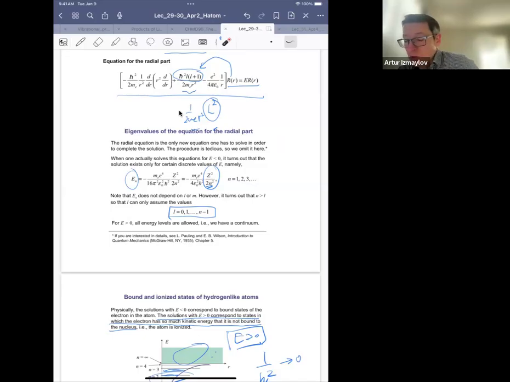So for hydrogen, of course, z is 1, but if you make a helium plus problem, that's going to be z equals 2. And if you make lithium 2 plus, that's still a 1 electron problem, that's z equals 3, and so on. So the energy levels will depend on z, and another, more important aspect, this principal quantum number n enumerates the solutions, right? So its energy depends on 1 over n squared.